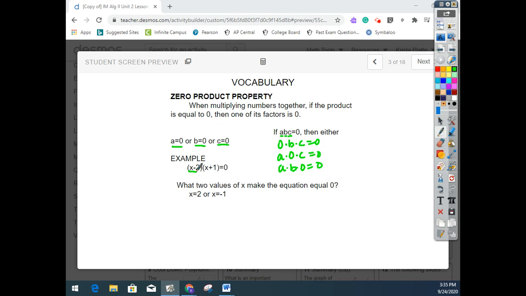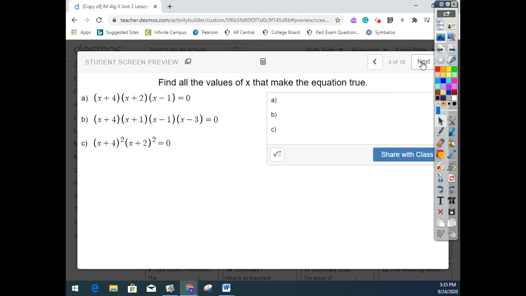So what makes x minus 2 equal 0? When x is positive 2. What makes x plus 1 0? When x is negative 1. So what makes all the equations true? Notice they all equal 0.